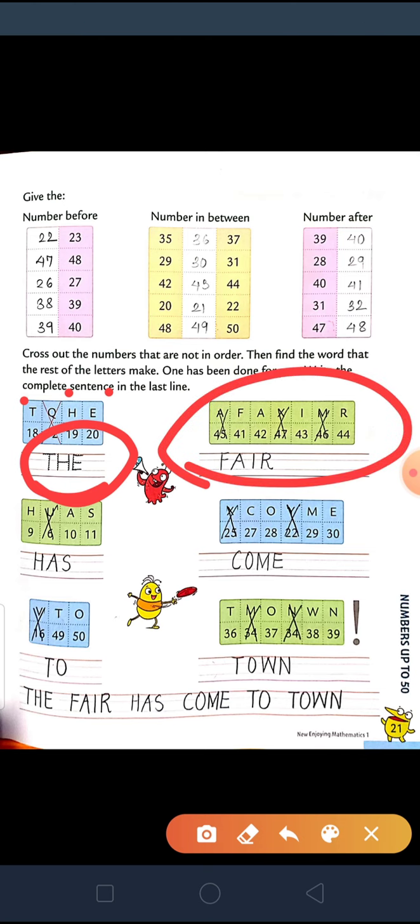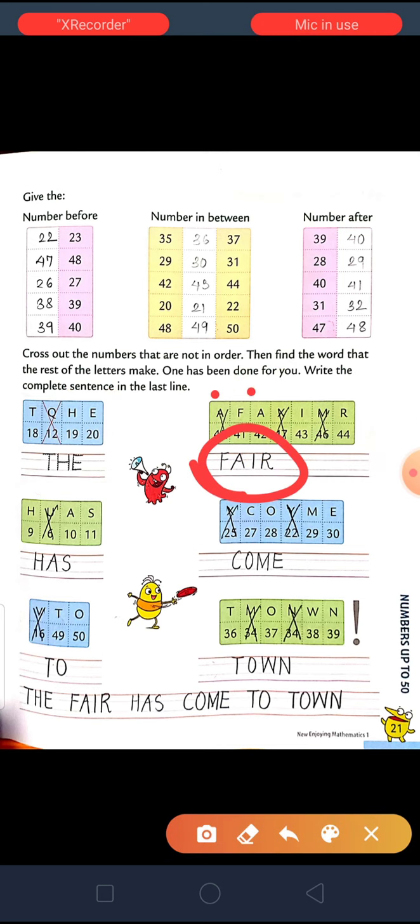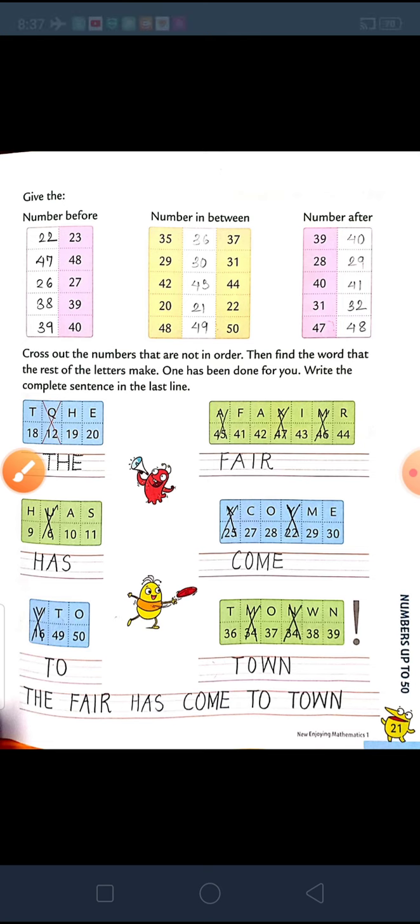Same way, see this, they have given us here 45, 41. Now 41 comes before 45. Then after 41 comes 42, 43 and 44. So these four are in line, and 45, 47 and 46 we have to cancel. So the word becomes FAIR, fair.